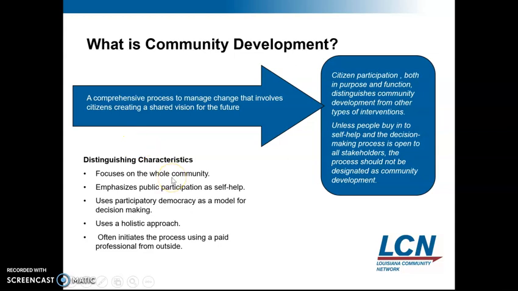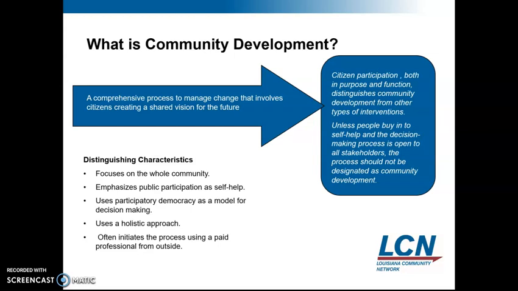Distinguishing characteristics: it focuses on the whole community, emphasizes public participation as self-help, uses participatory democracy as a model for decision making, uses a holistic approach, and often initiates the process using a paid professional from outside.